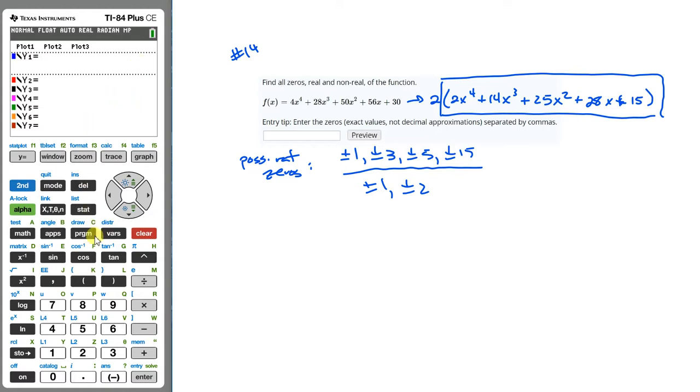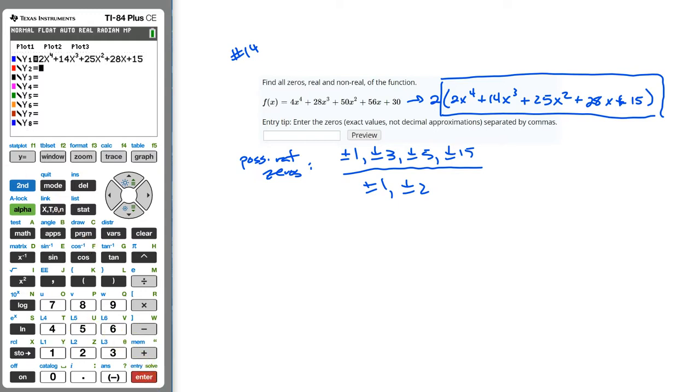So let's put in this reduced function: 2x to the power 4, plus 14x to the power 3, plus 25x squared, using the x squared shortcut button, plus 28x plus 15.